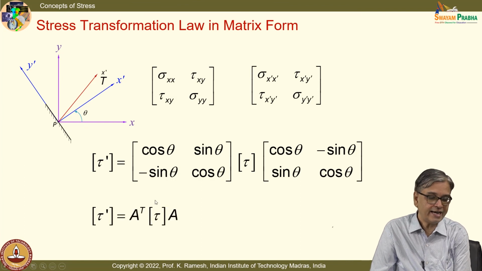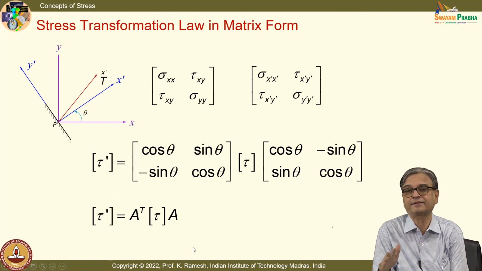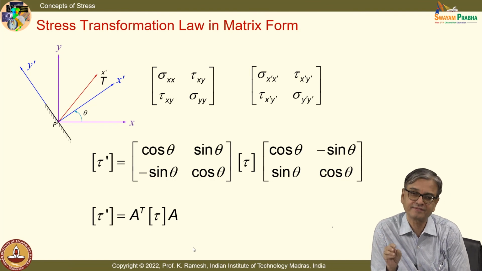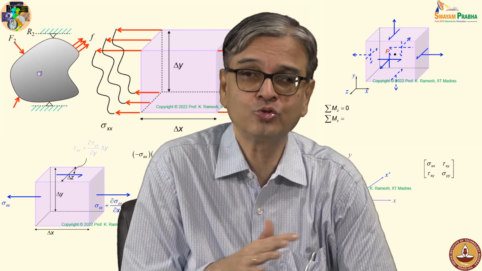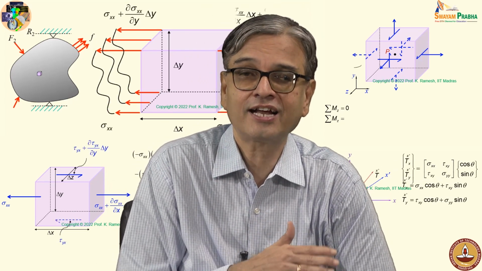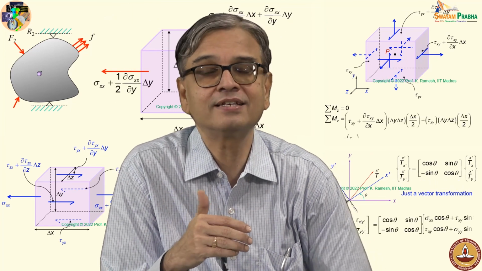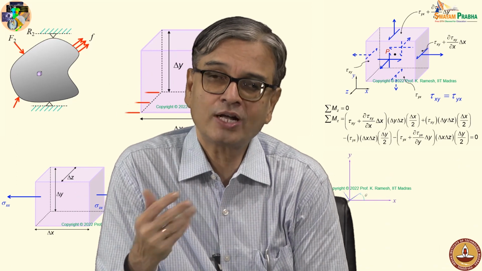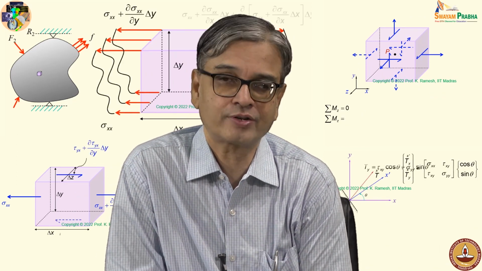So I can write this tau prime as A transpose tau A. This is a form you will see repeatedly in higher studies in various forms. And books do not discuss the transformation law in this perspective, but this is the most convenient way of doing it. And there are also other simpler ways that we'll take up in the classes to come.